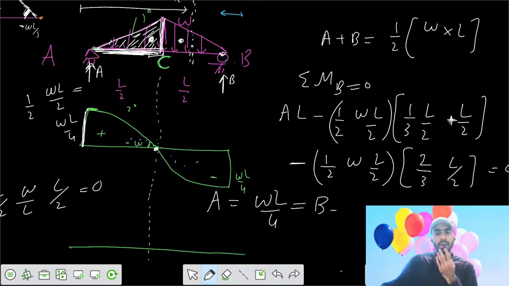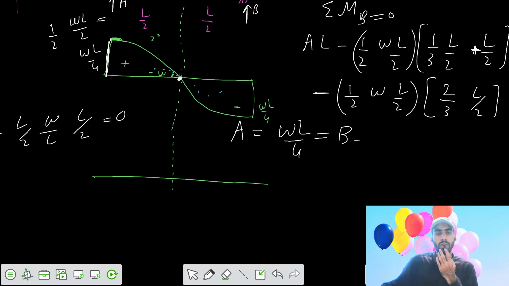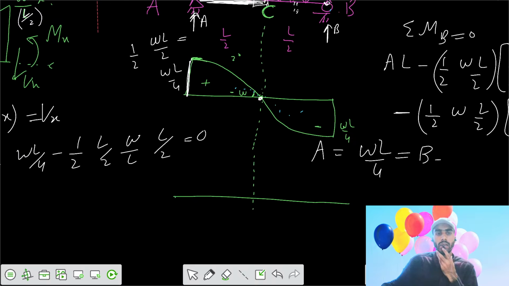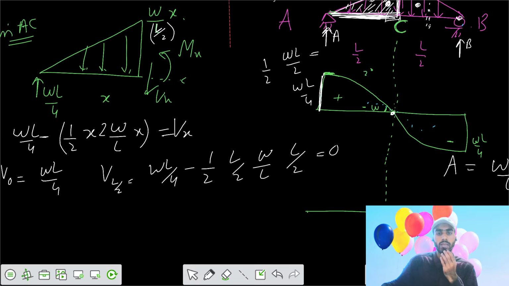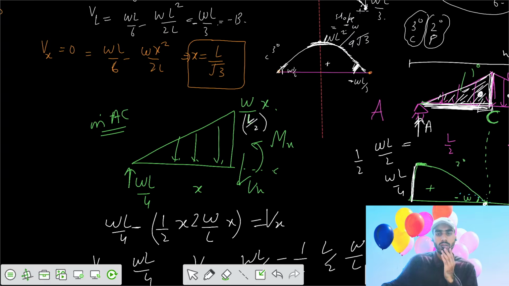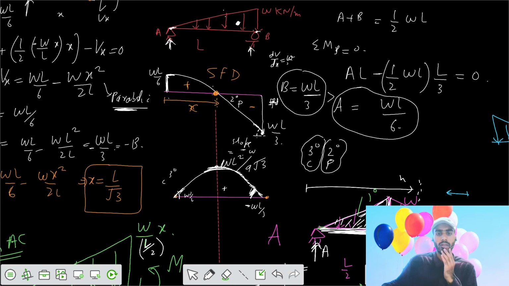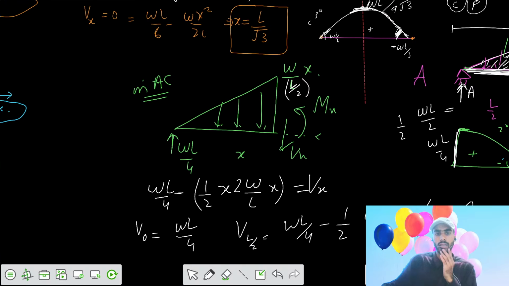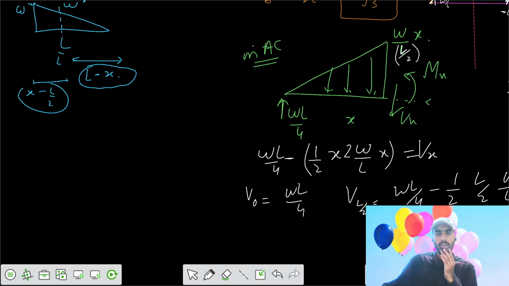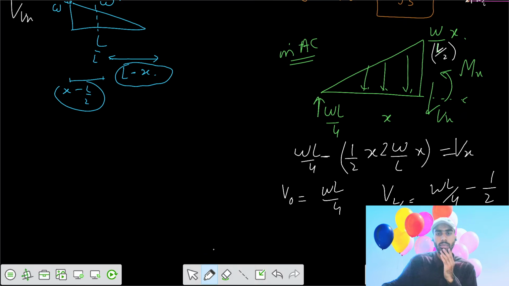Once you got that, we can calculate the bending moment values. We have the equation for the section we have got already. Let's calculate the bending moment Mx.